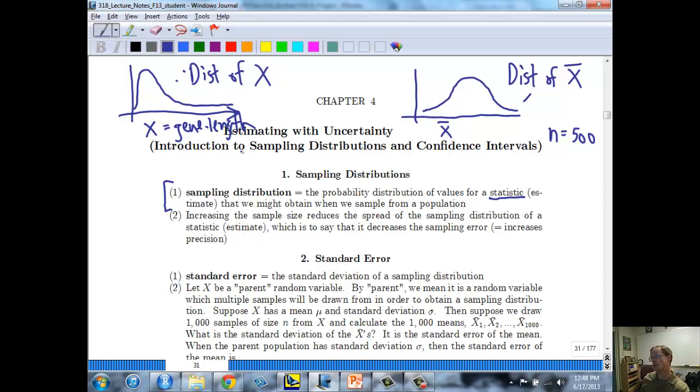If I were to take other statistics, such as standard deviation or median, I would get a different sampling distribution, all coming from the same, what I call a parent distribution. So let me write that, parent. Parent, and then this one is the sampling distribution.